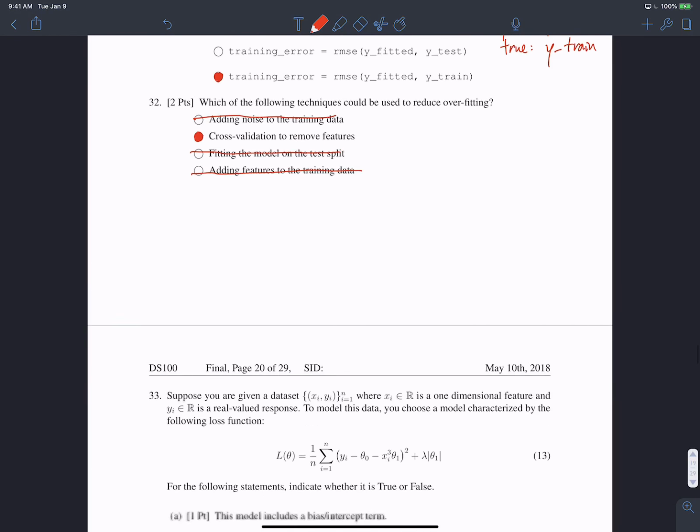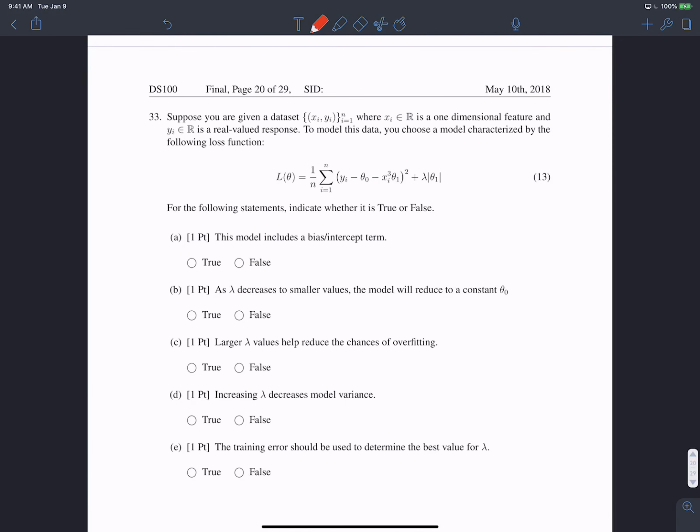Okay. Now in 33, suppose we're given a data set where xi is some scalar real number and yi is the real valued response. To model this data, you choose a model characterized by the following loss function. Okay, and so now we need to determine whether or not this model includes a bias/intercept term. And it turns out that it does, so that's true.